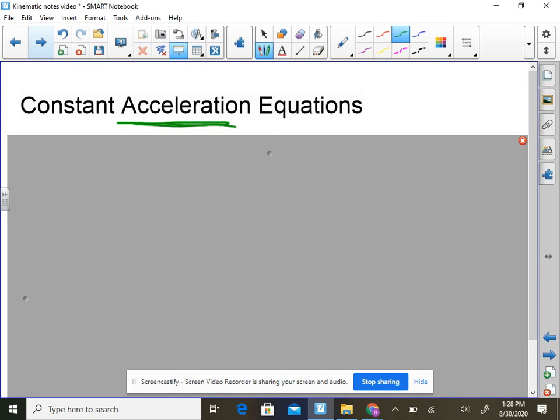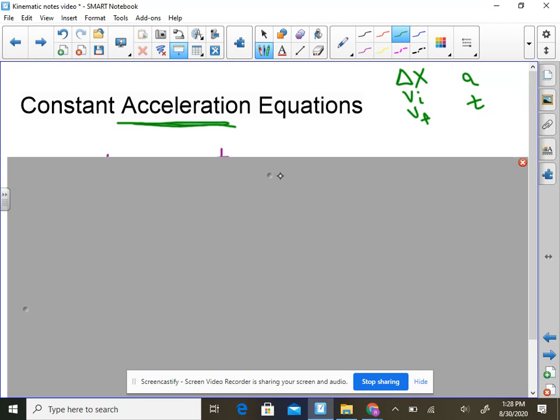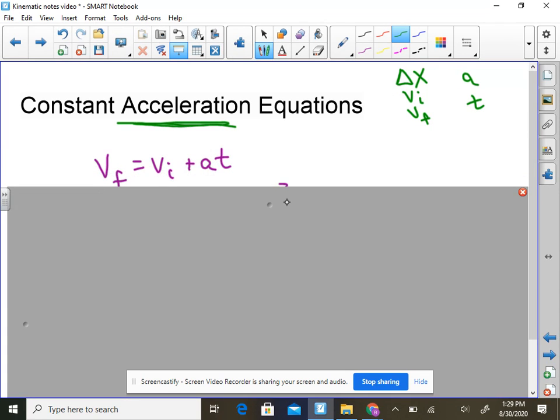So on to the equations. We talked about the different variables that you have: displacement, initial and final velocity, acceleration, and time. And so you have 5 variables that you're going to find in these equations to solve problems with. The first one that you'll find on the formula sheet is derived from the definition for acceleration.